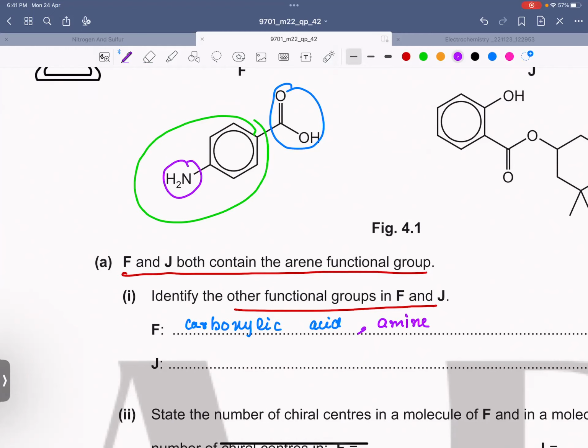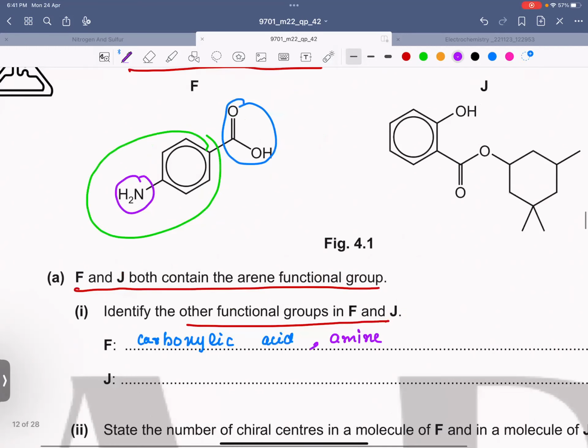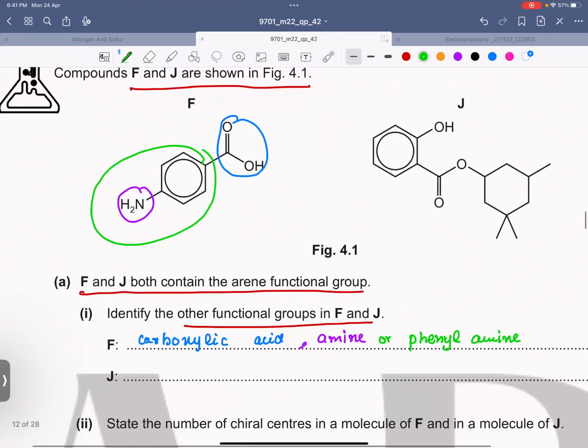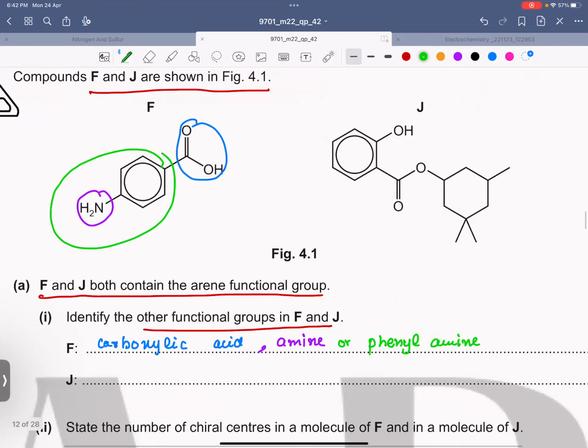If I consider the part which is in green, then you may write phenylamine. So you can write either amine or phenylamine, because both are amines. Okay, now in J, what functional groups are there? Ester and alcohol. Ester, and not alcohol, that is wrong. It's phenol. Yeah, because we do not consider phenol and alcohol exactly the same.